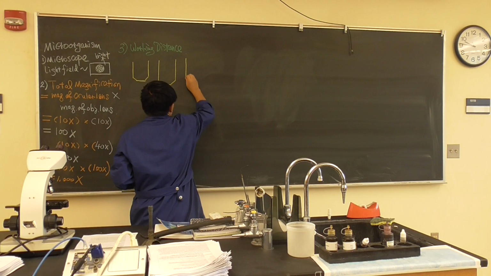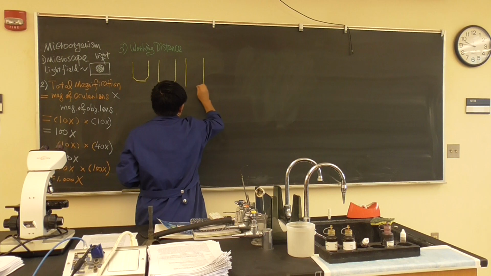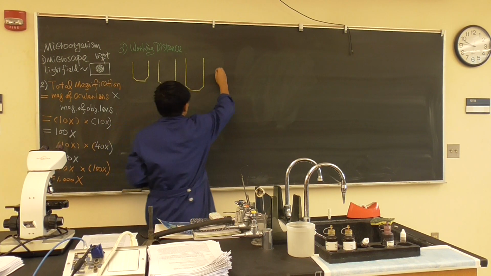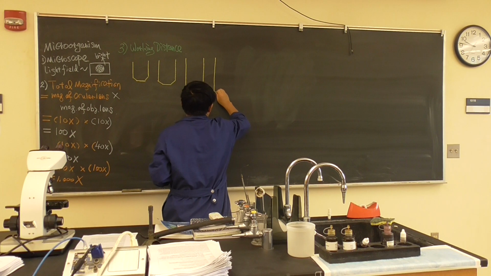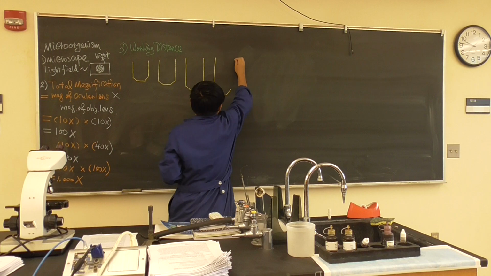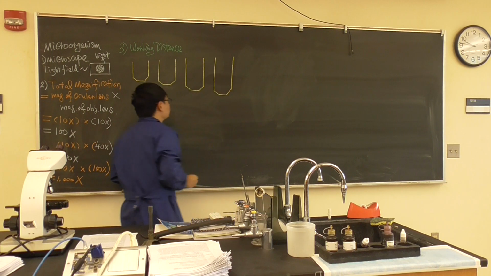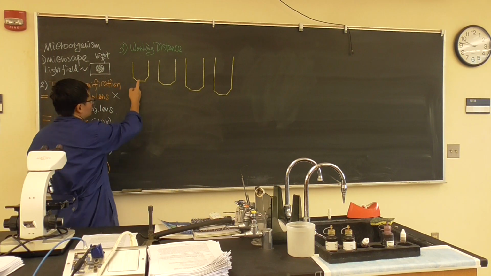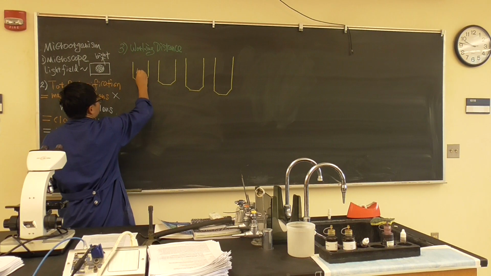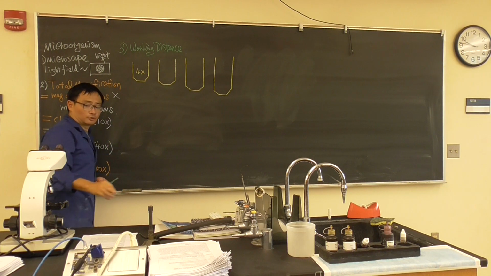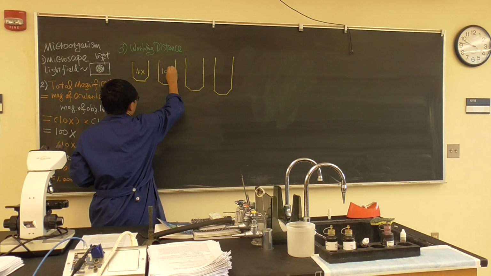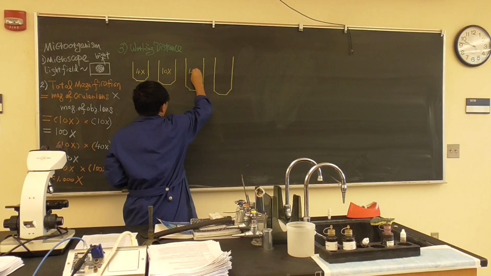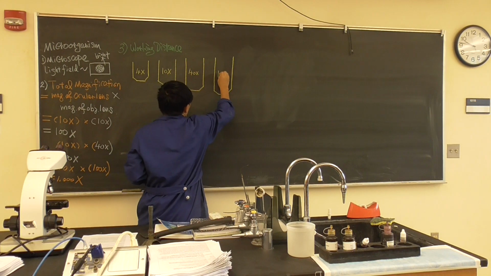I have another one right here, and I will draw another one right here. This is actually a very short one, so we say it's a 4x. You can observe here it is red. The second one is 10x. Then we have a 40x, and we have a 100x.